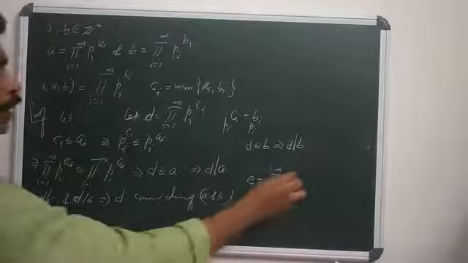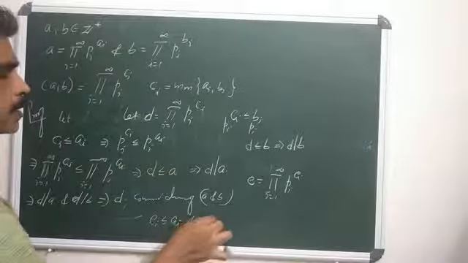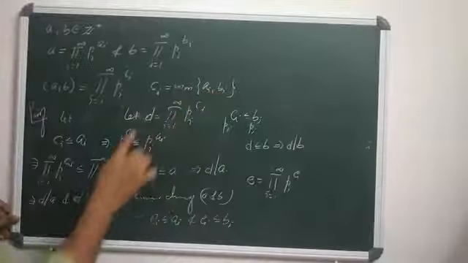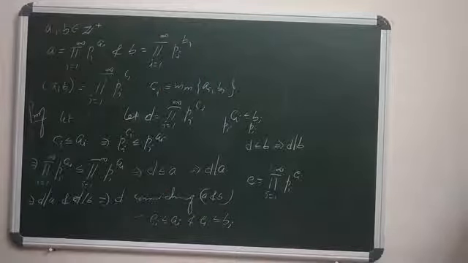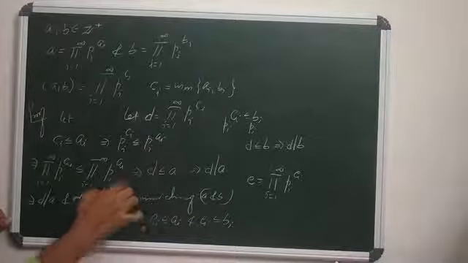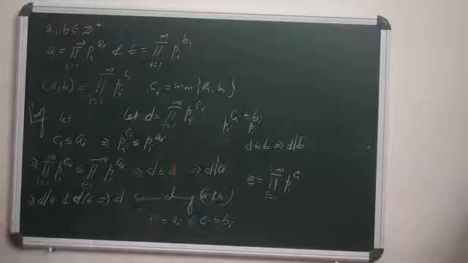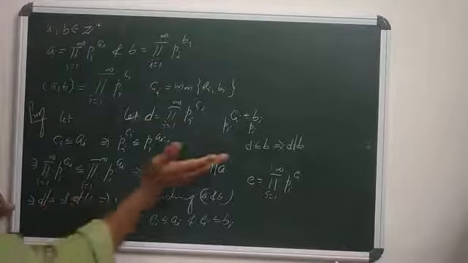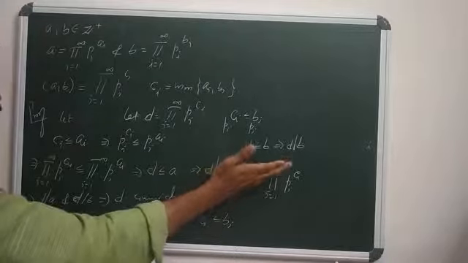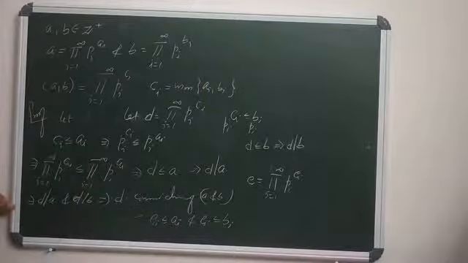Here we obtained d as a common divisor, but we have to show that d is the greatest common divisor. Since d is a common divisor, if e is another common divisor of a and b, then e also divides d. Then we say that d is the greatest common divisor. That is by the definition of the GCD.